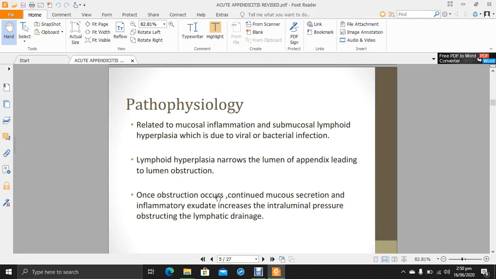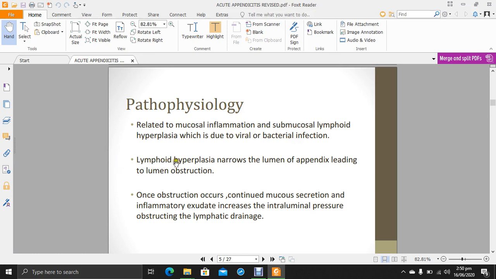Pathophysiology. So it is related to the mucosal inflammation. The appendix has all the layers of the normal gut. So it is related to mucosal inflammation and submucosal lymphoid hyperplasia, which is due to viral or can be bacterial.